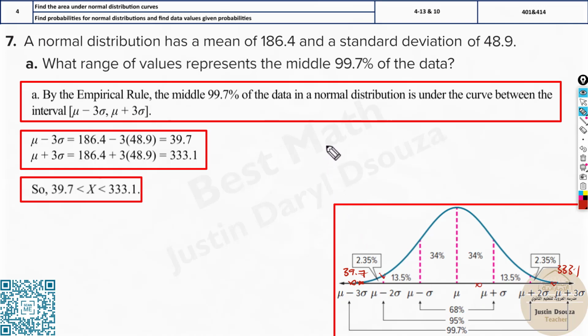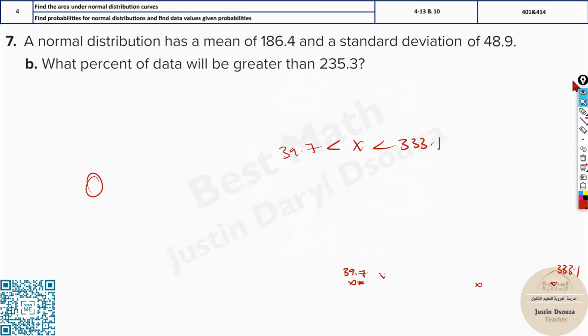We require this for the z value. We will see that later. Now it is within this range from 39.7 to 333.1, so x is less than the higher value but greater than the lower value. So we just write it like that. So that's the answer. Now what about this one?